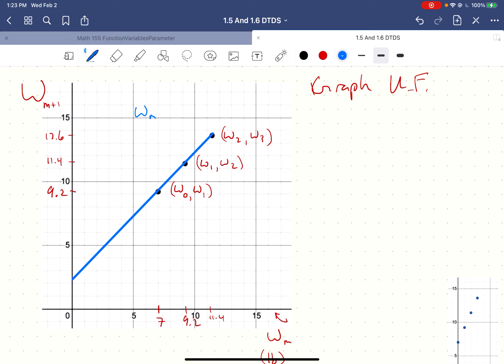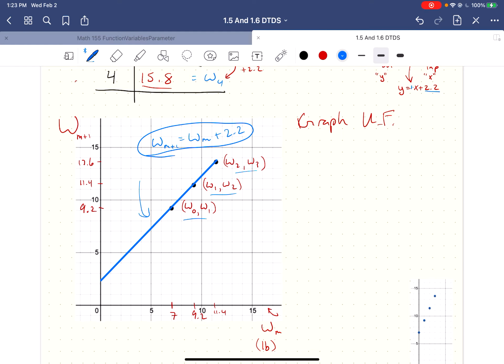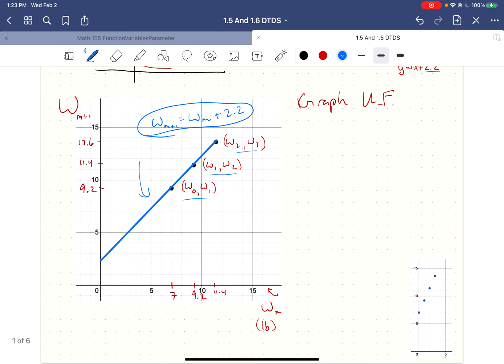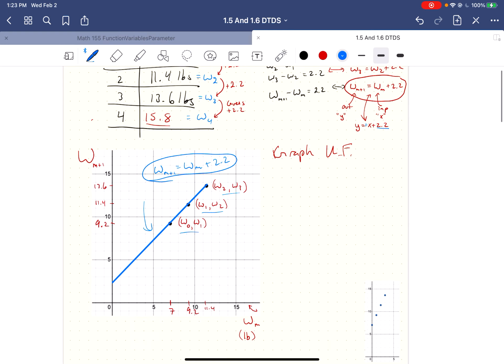My Wm plus 1 equals Wm plus 2.2. That is my updating function. And I can graph this updating function as my blue line here. The individual data points I have are just these data points for my child for this 3-month or however long period. Okay, so that's what an updating function is.